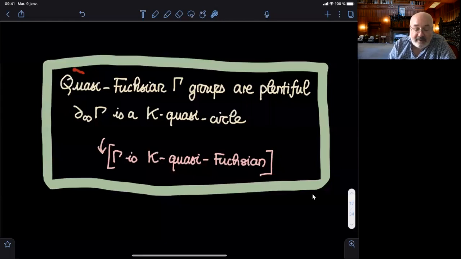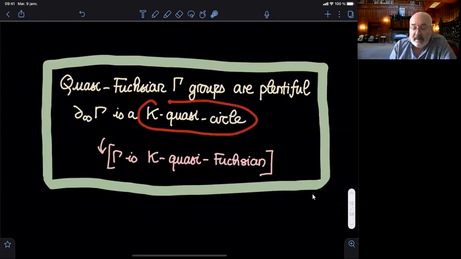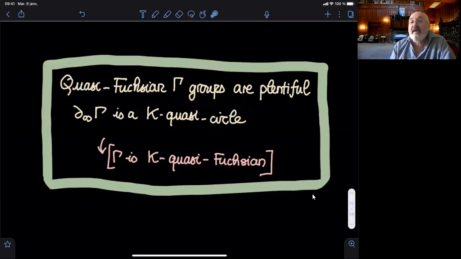So it turned out that there's lots of quasi-Fuchsian groups in the isometry group of hyperbolic 3-space. Okay? So I've described a class of groups in the isometry group of hyperbolic 3-space, which are isomorphic to surface groups and which preserve a boundary at infinity. And this boundary at infinity has some nice property, which is to be a K quasi-circle.